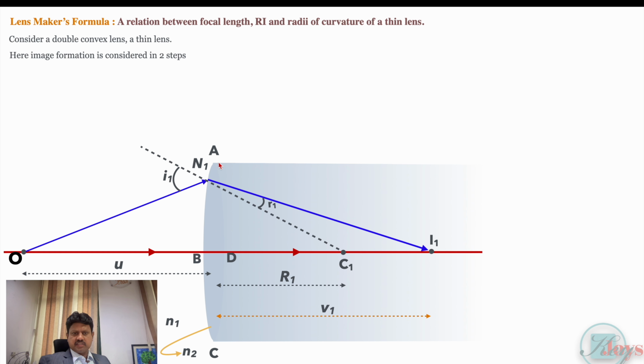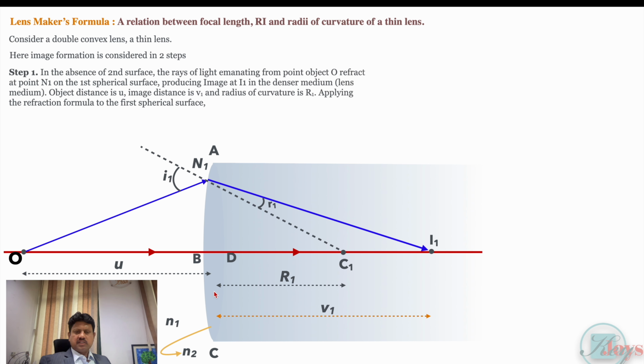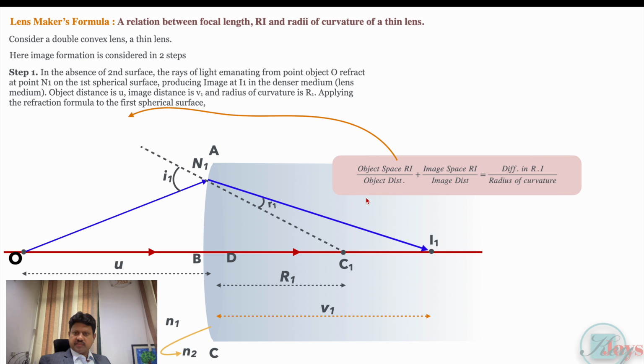Now this is refraction through a single surface. So write the refraction formula. Very easy. You have object space refractive index by object distance plus image space refractive index by image distance is equal to difference in refractive indices by radius of curvature. N1 is the object space refractive index, the space in which the incident rays are present, where the object is.